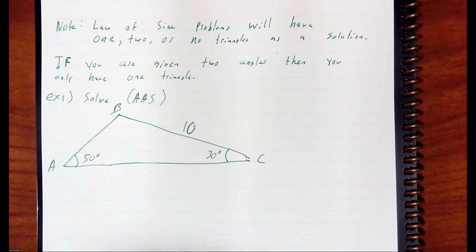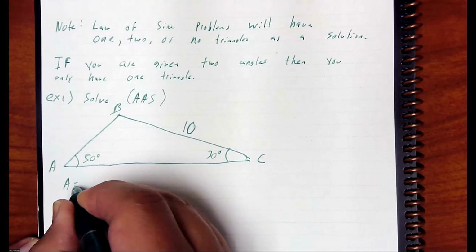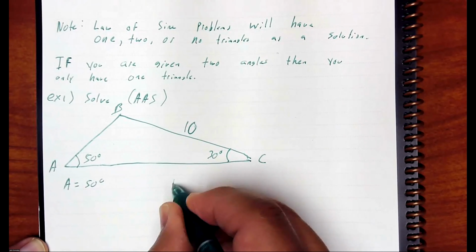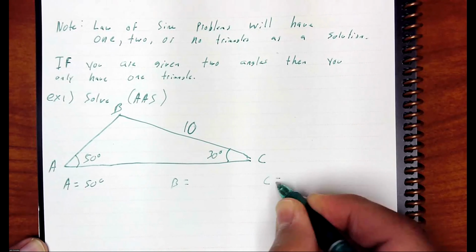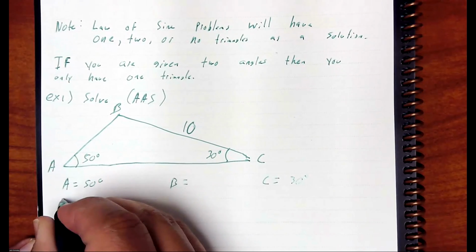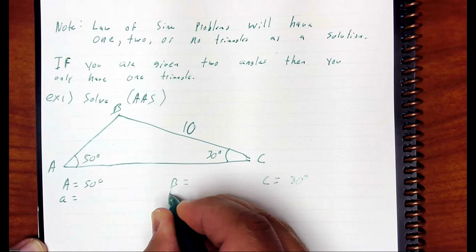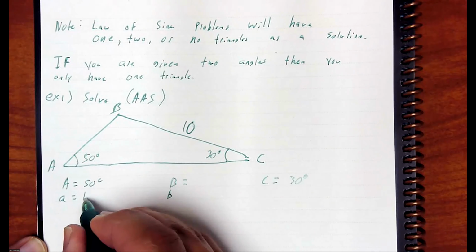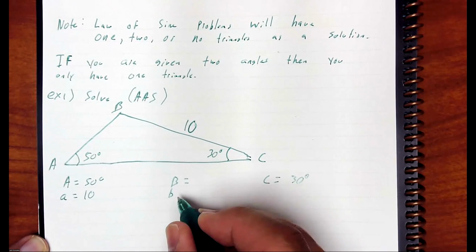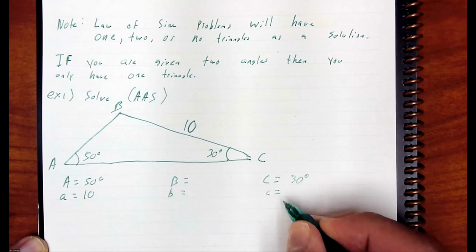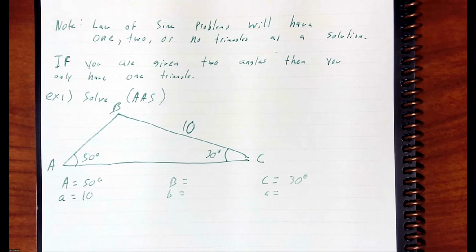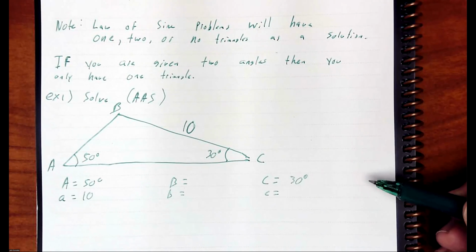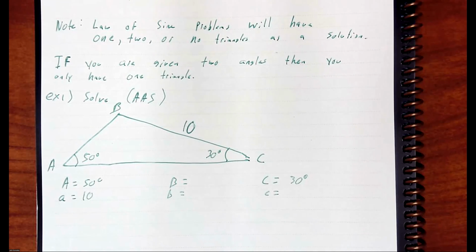The way I recommend is to write down everything you have. I don't have little a. Well, actually, I do. Opposite capital A is 10. I don't have any other side, so I have two angles and one side. Because I have two angles, I don't have to worry about the two triangles issue.